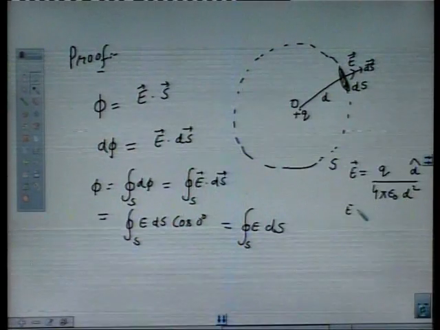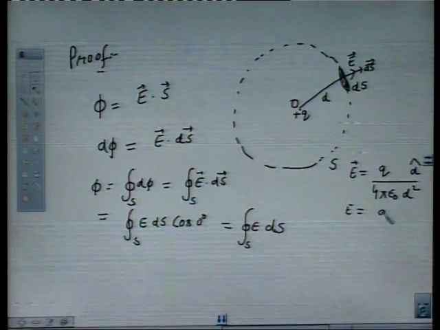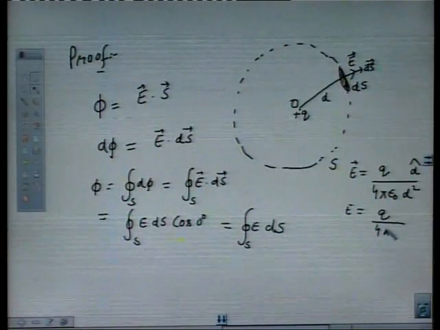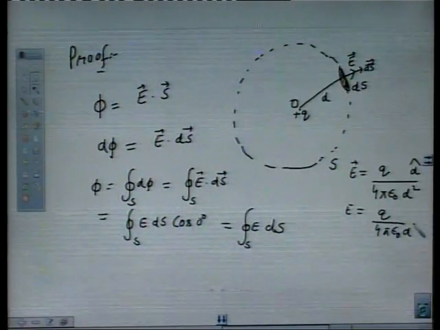Or we can simply write E as q upon 4 pi epsilon naught d square.